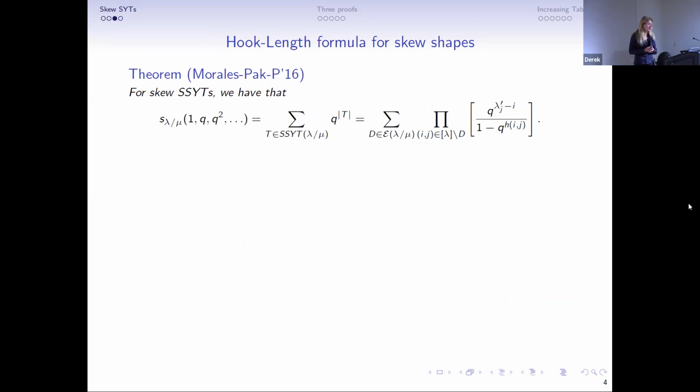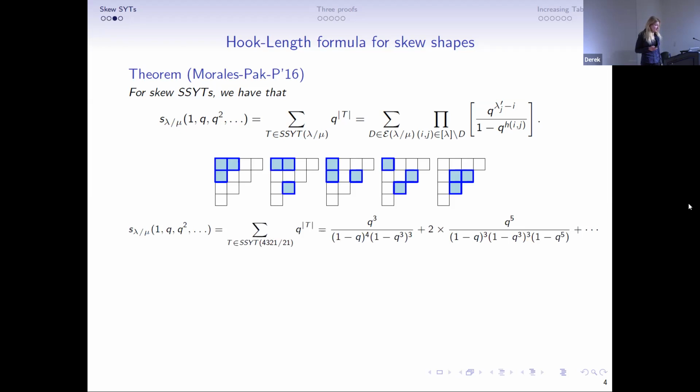This is basically the generating function for semi-standard Young tableaux of shape lambda over mu, q to the volume, or the sum of the entries inside this semi-standard Young tableau, and it is equal exactly to the sum of these excited diagrams, and we have the products of the q-analogs of the hook lengths here.